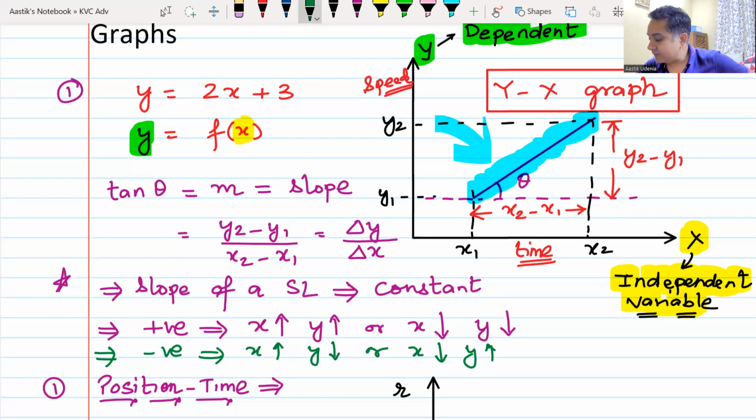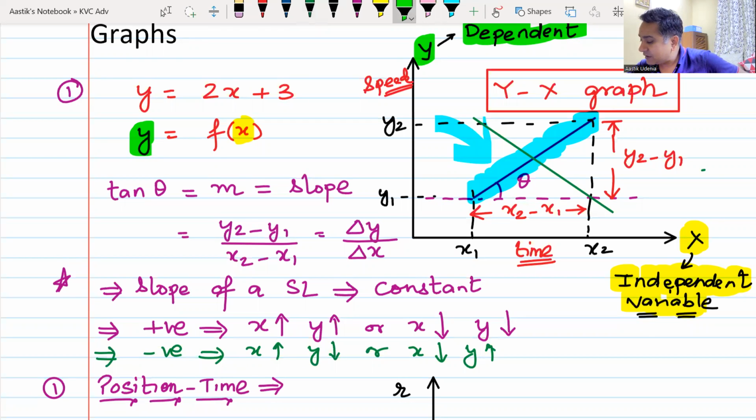A negative slope graph is a graph where when x increases, y decreases. If x decreases, y increases. And if I may draw on the same graph, I don't want to waste time.